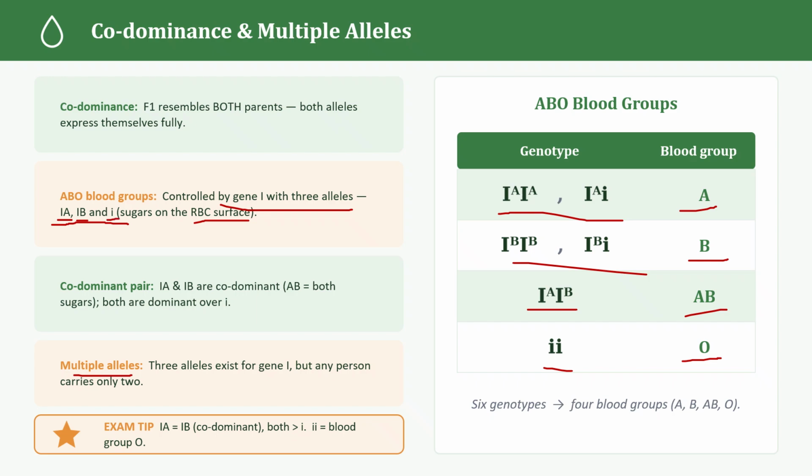Every individual possesses only two alleles, one inherited from each parent. Codominant means both alleles are expressed together, and multiple alleles means more than two alleles exist in a population.